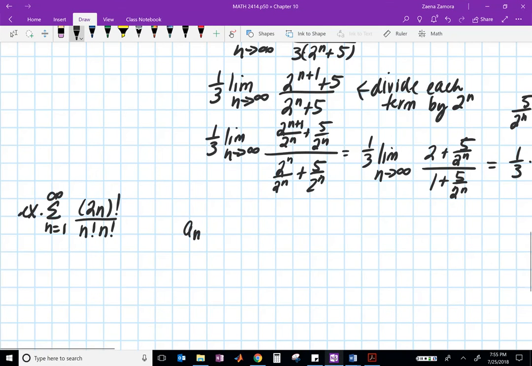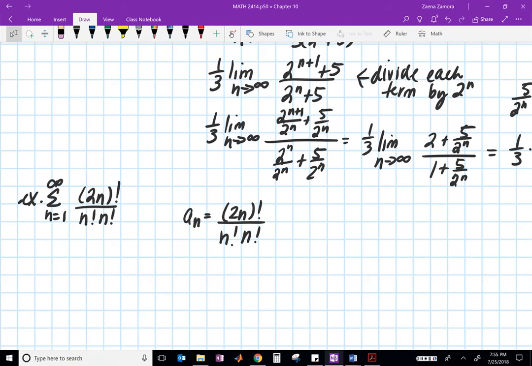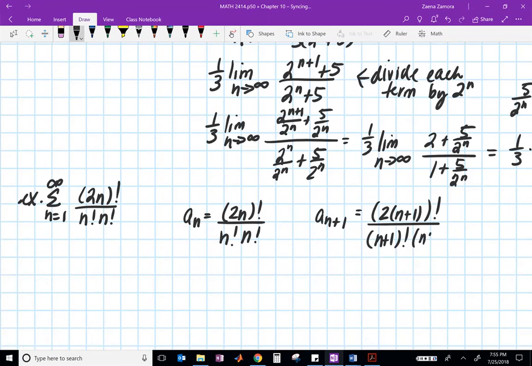My a sub n is 2n factorial divided by n factorial times n factorial. So my a sub n plus 1 is going to be 2 times, what do I write instead of n? N plus 1 factorial divided by n plus 1 factorial, n plus 1 factorial.